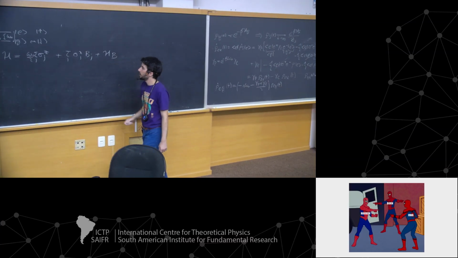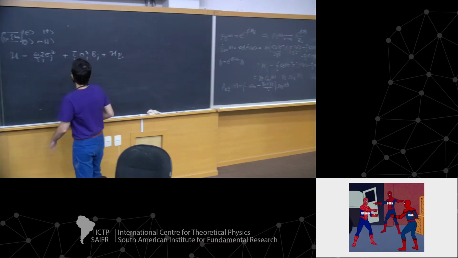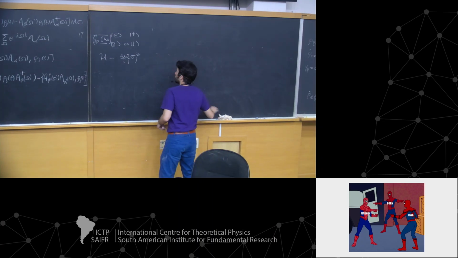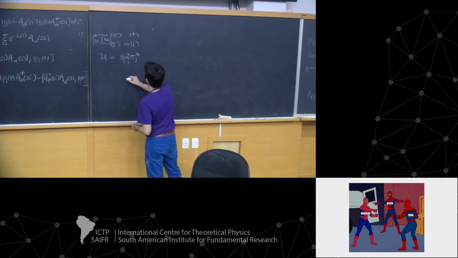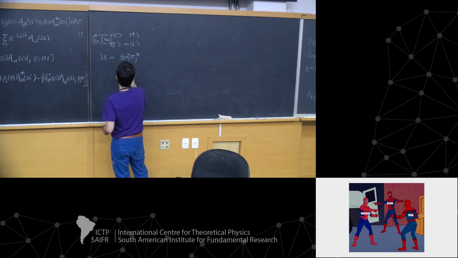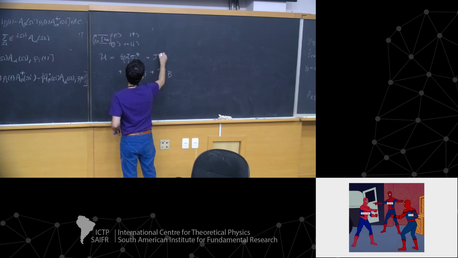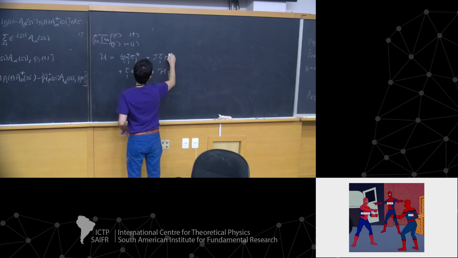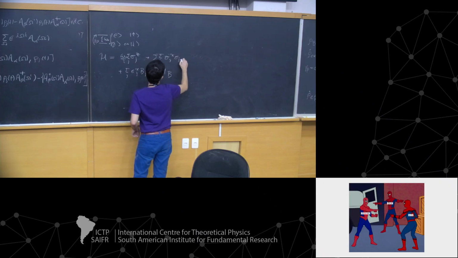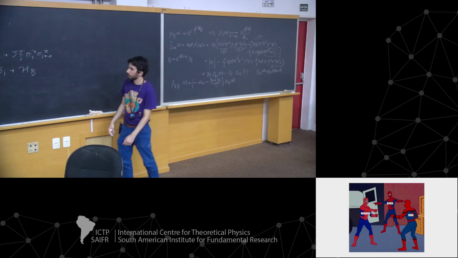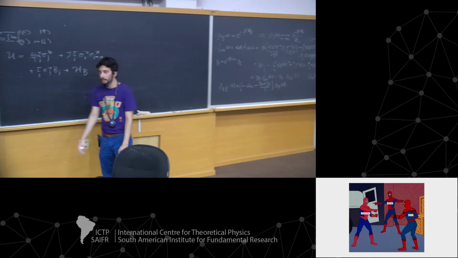So this could be an example. You can have an autonomous chain like this, but even with two is sufficient.